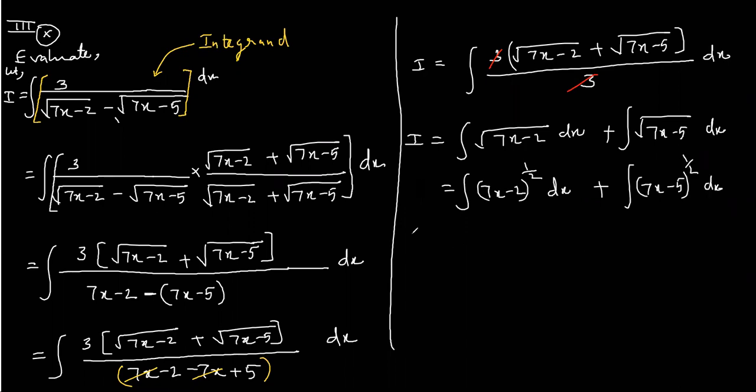Then I ask myself, after having done this much, have I reached a stage where I could apply the result? Am I available with the results now? The answer is yes. Now I have the result. Which result, students? The result is the integral of x raised to n dx. What is it?